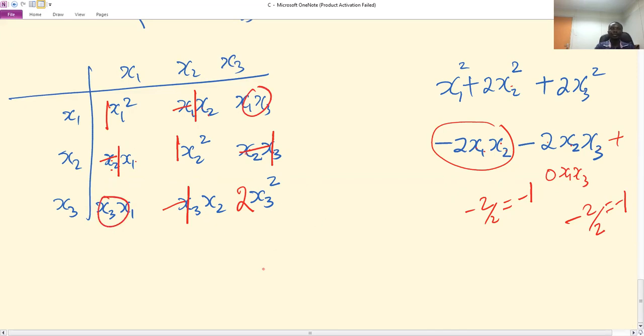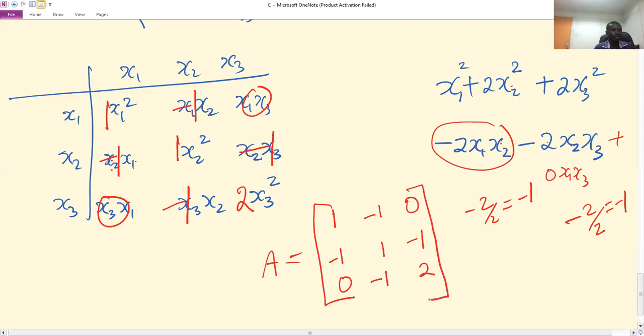So the symmetric matrix A for this quadratic form is 1, -1, 0, -1, 1, -1, 0, -1, 2. That is the symmetric matrix for that quadratic form.